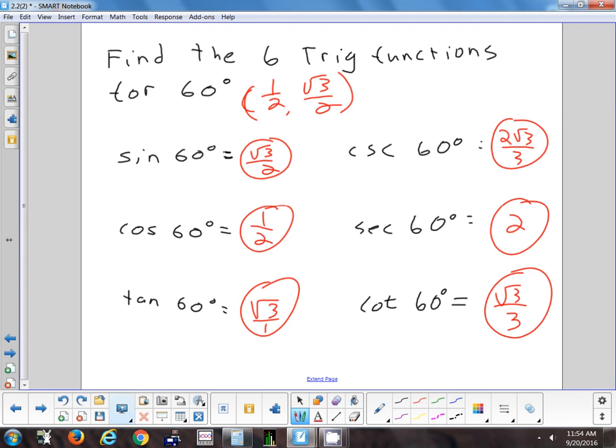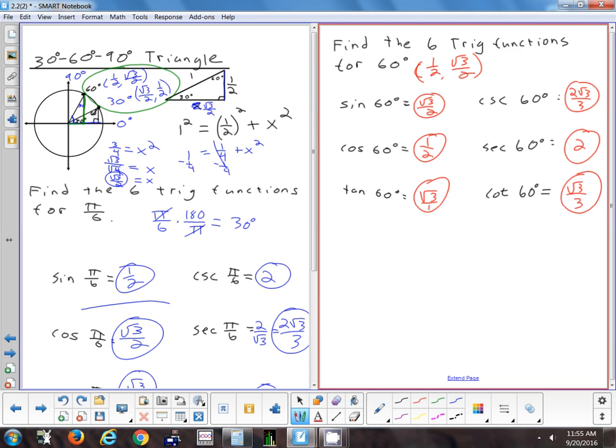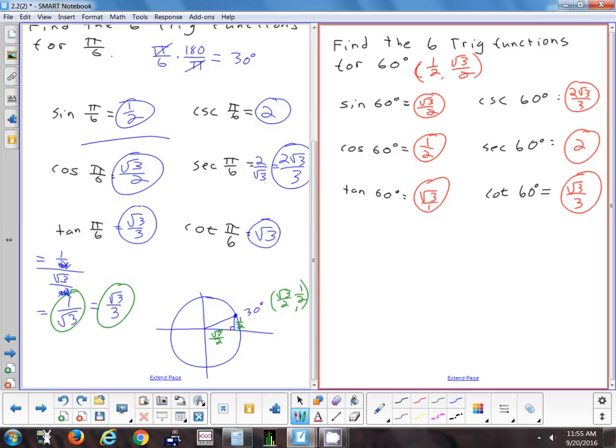Compare that to the answers we just got for the 6 trig functions for the 30-degree angle. What do you notice about the 6 answers for the 60 and the 6 answers for the 30-degree angle? They're the same, but what? Yeah, they're all the same numbers, just in different spots.